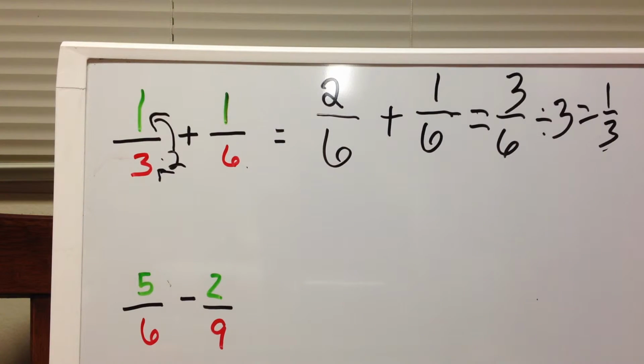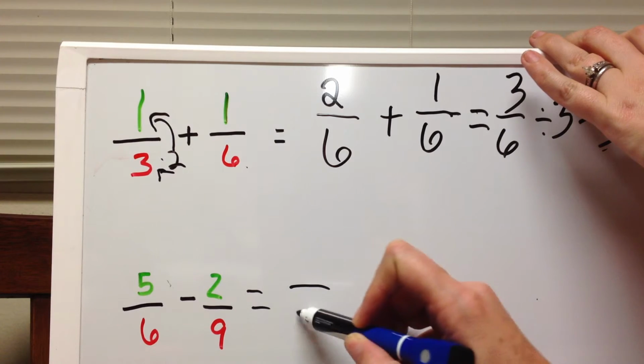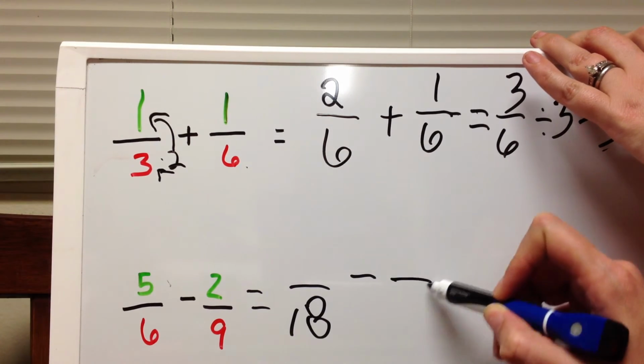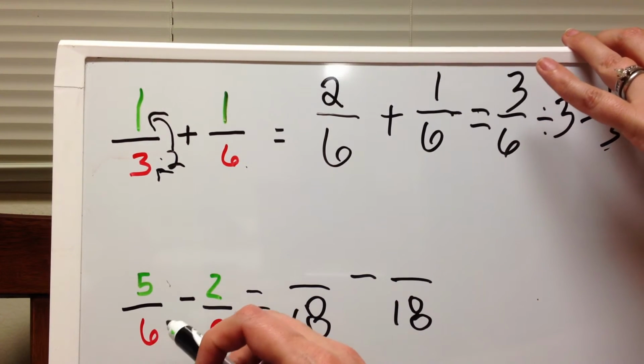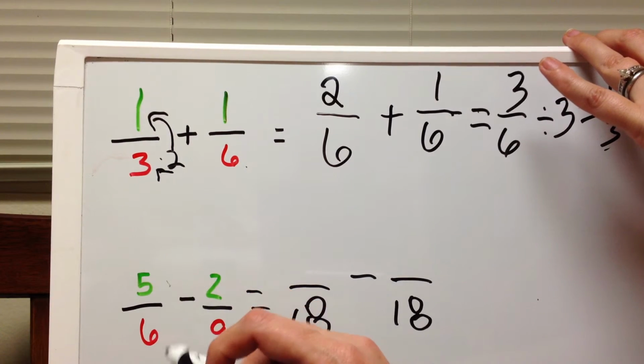So we'll take that back to our second problem and put equals. We know that both of our denominators are going to be 18. So we go back to our problem. We know whatever we do here in the denominator, we have to do here in the numerator.